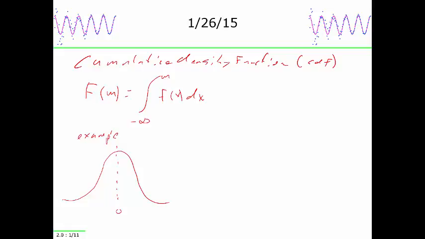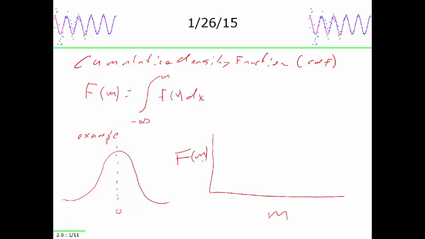So let's just consider a Gaussian distribution. What do we expect F of M to do? Let's look at some of the limiting values. What is the value of F of M going to be at -infinity? 0.